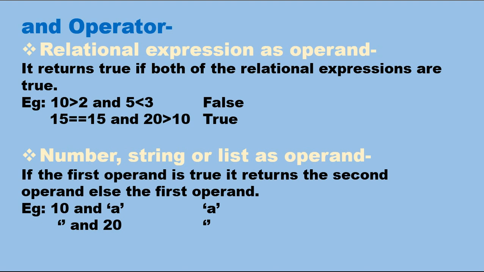Otherwise, it will return the first operand. So 10 and A. First operand 10 is true, so it is going to return A. In the next example, empty string and 20. Empty string is false. Therefore, it is going to return this empty string.